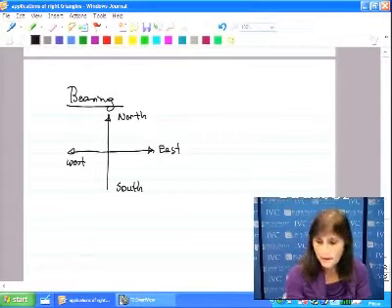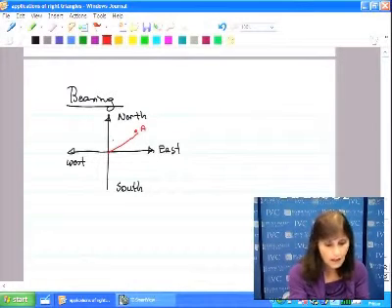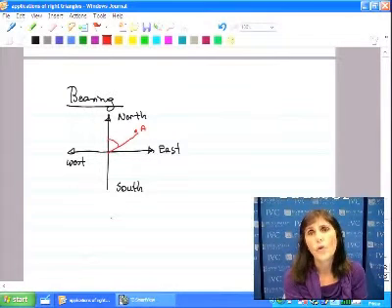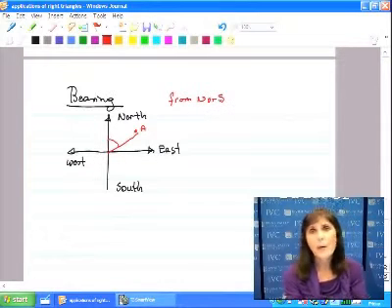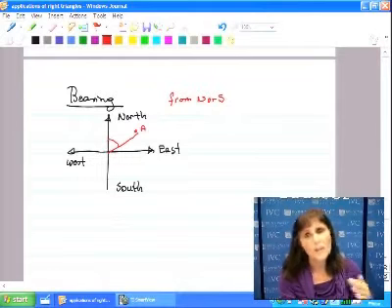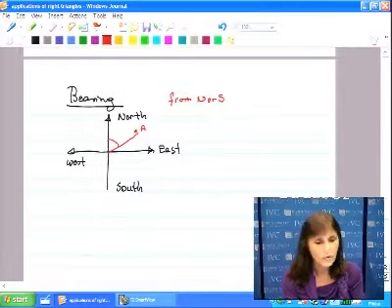A bearing can be, let's say I'm looking at the bearing of point A. You have to always measure from the north or south. In the bearing video, you'll see that you can also do it other ways, but one way to determine bearing is north and south.